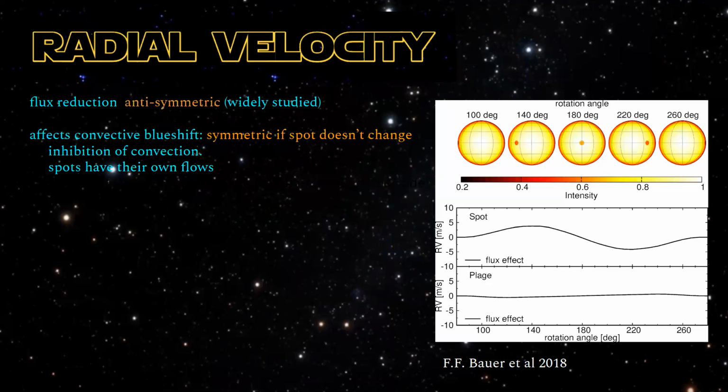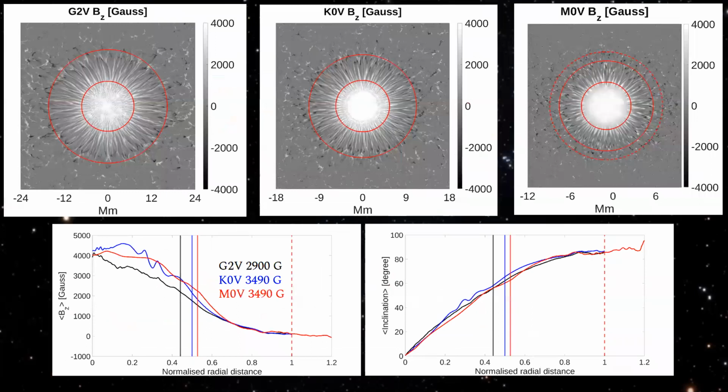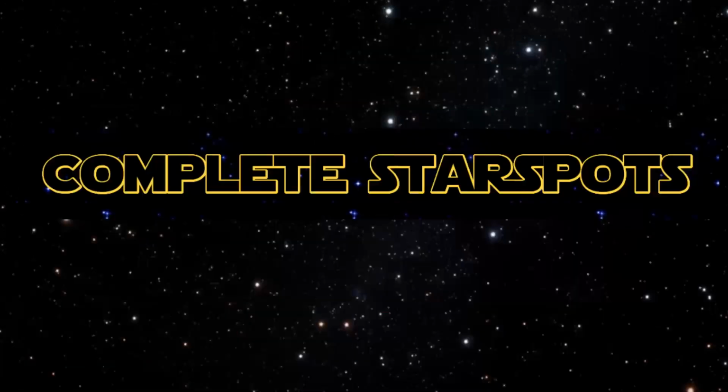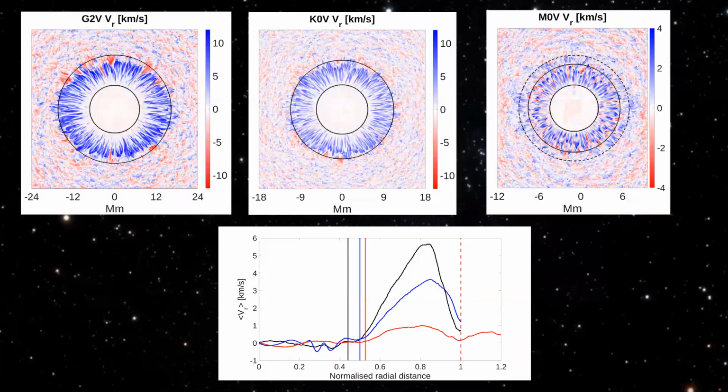Your typical convective blue shift of a star: if you integrate a spectral line over all disk positions, you would get a 300 to 400 meter per second net convective blue shift without the presence of any magnetic fields. We are synthesizing spectral lines at different disk positions and disk integrating them, and it's difficult to quantify exactly how much one spot contributes.